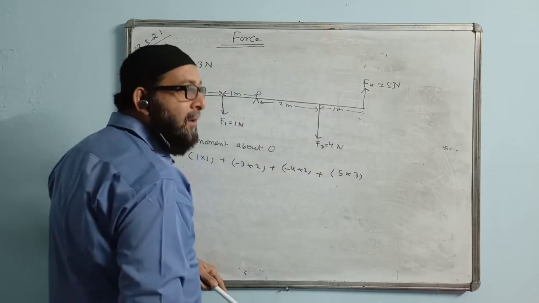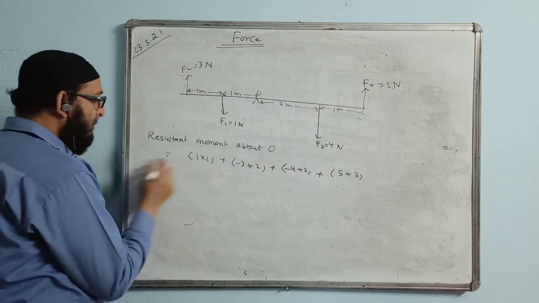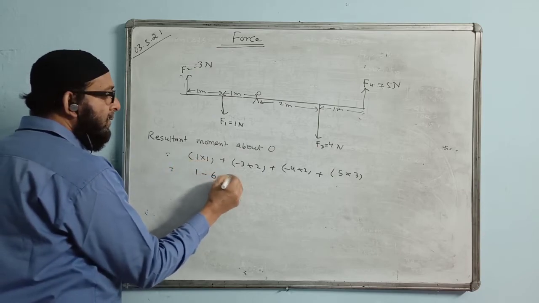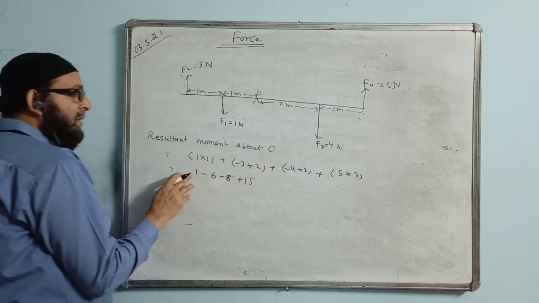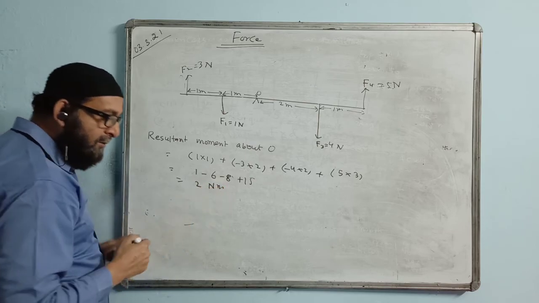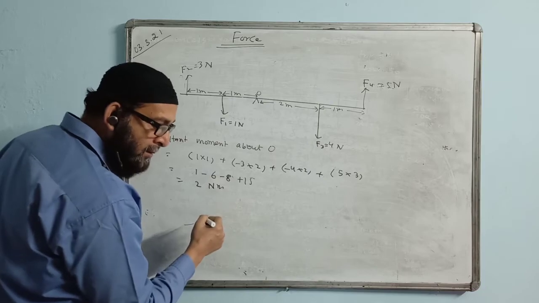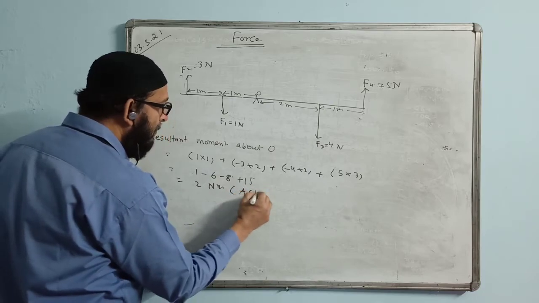Anti-clock, plus sign. So 1 minus 6 minus 8 plus 15, and now find the answer. 15 plus 1 is 16, minus 14, answer is 2 Nm with a positive sign. That means what direction? Anti-clockwise. We write it ACW.